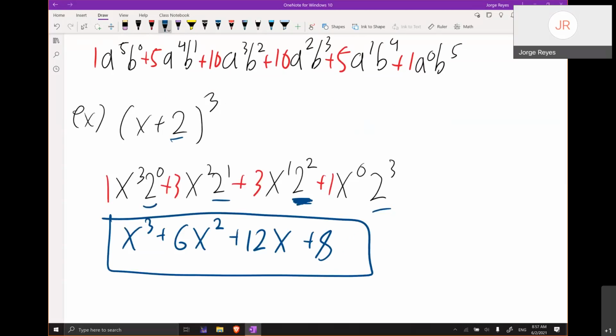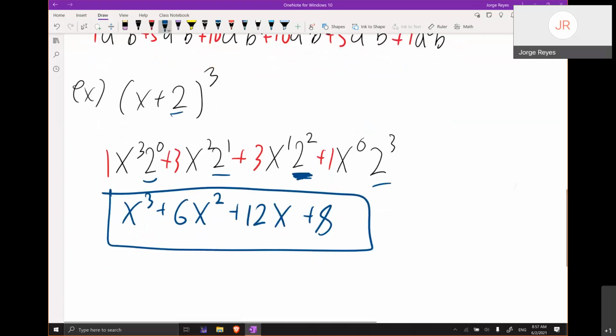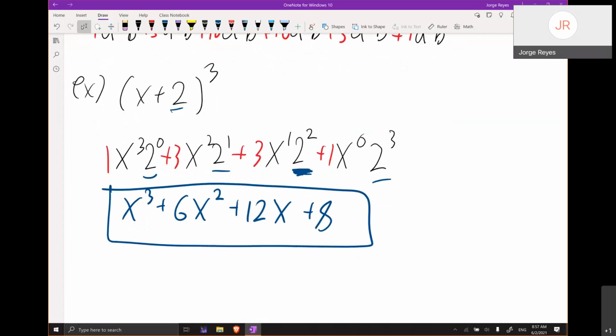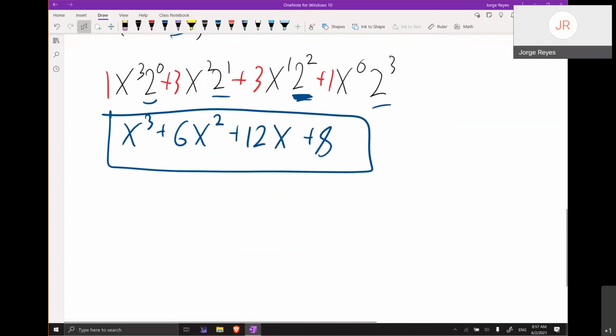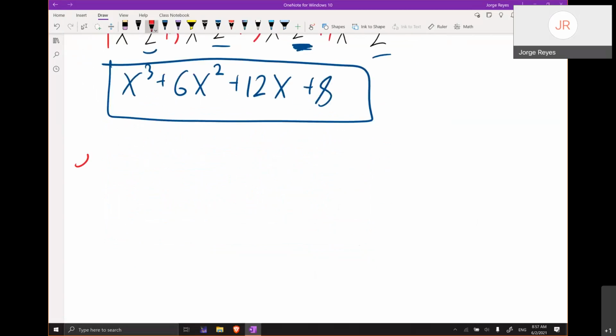Okay. So when you have numbers involved, that's when you could get to mistakes because you have to calculate things. Okay. So another thing I want to show is what happens when you have a minus sign.